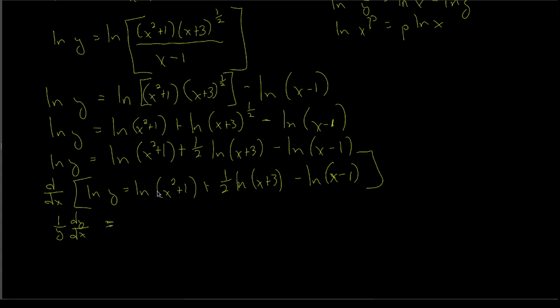This is going to give me 1 over x squared plus 1. But it's a chain rule, so I have to then multiply it by the derivative of this, which is 2x. Then I'm going to get 1 half 1 over x plus 3 times the derivative of this, well that's 1, minus 1 over x minus 1. And then I will multiply both sides by y.